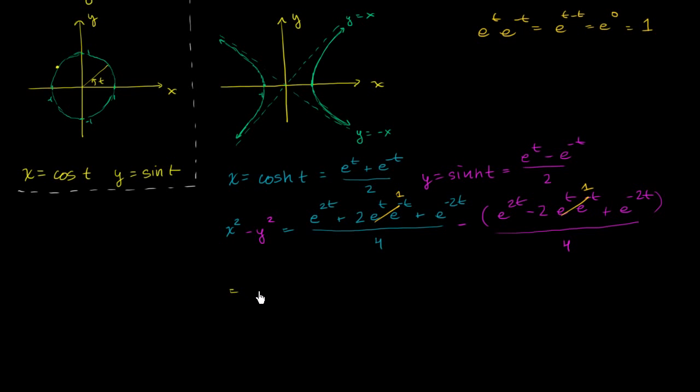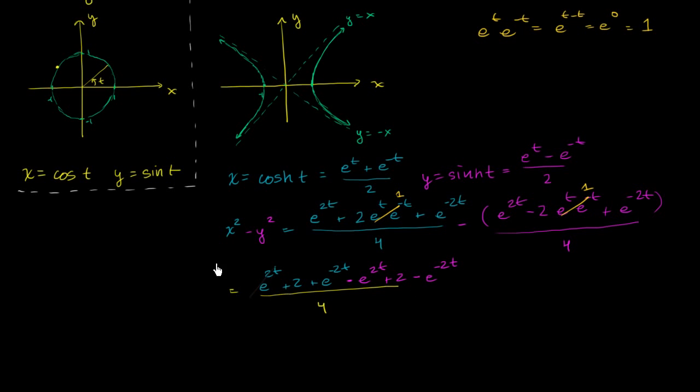So this is going to be equal to, over our numerator of 4, e to the 2t, plus 2, plus e to the negative 2t. And then we have minus e to the 2t, I'm just distributing the negative sign, plus 2, and then minus e to the negative 2t.